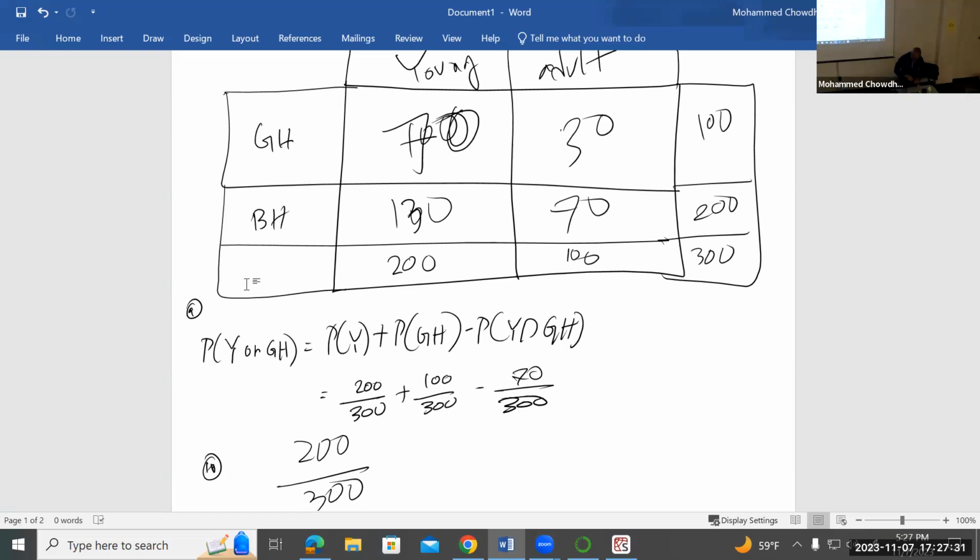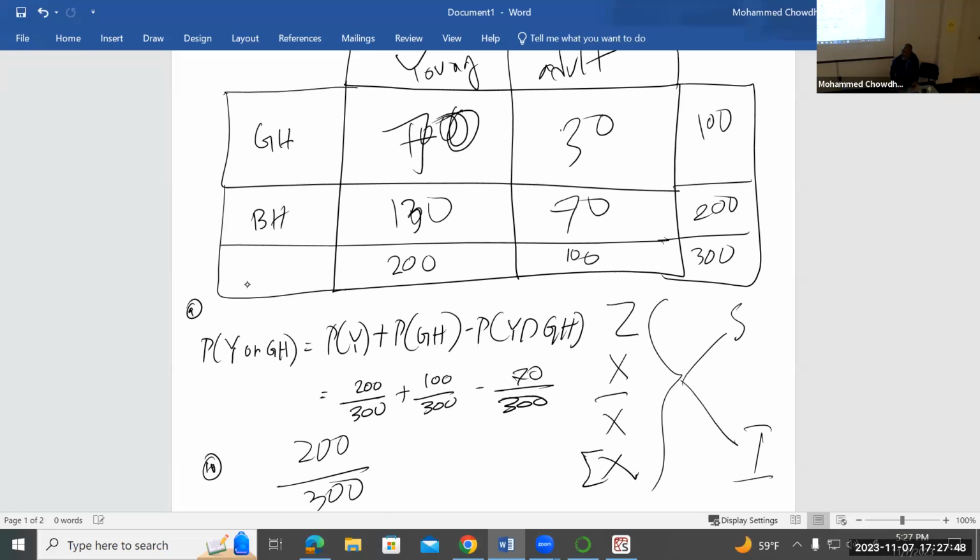Remember these things when you plug in the value. Each of these has 2 types. One is straight, another one is inverse, right?